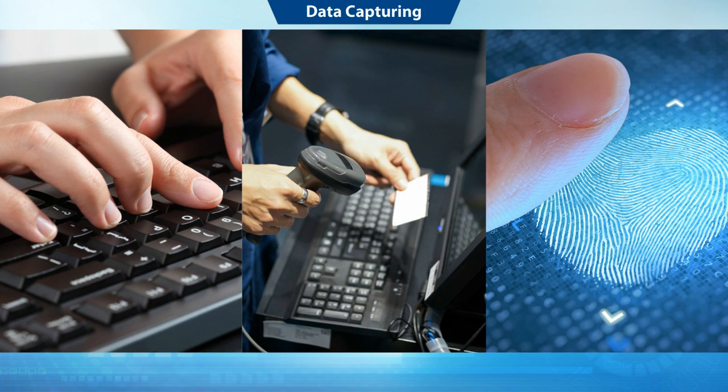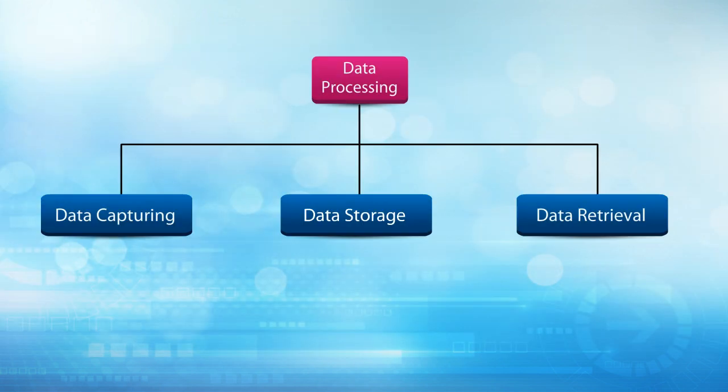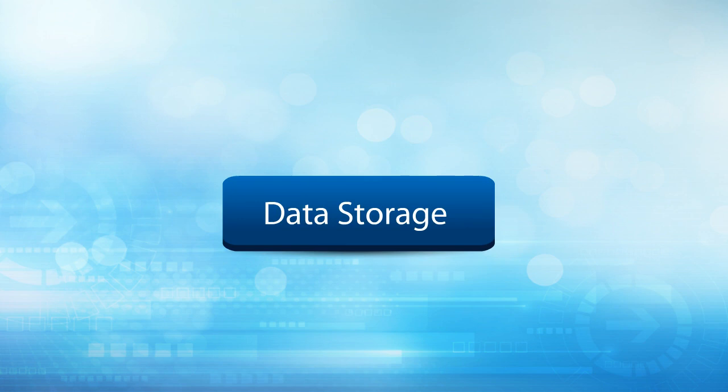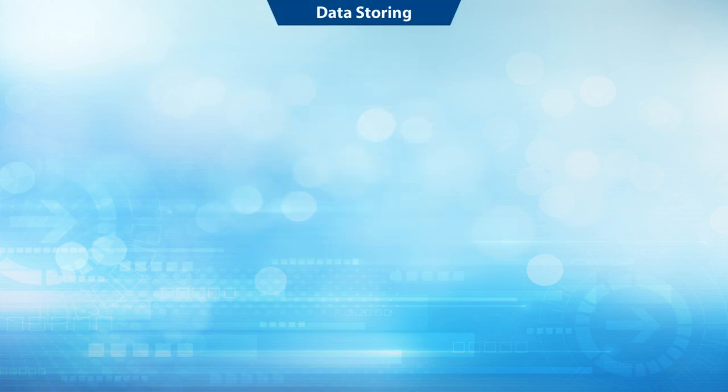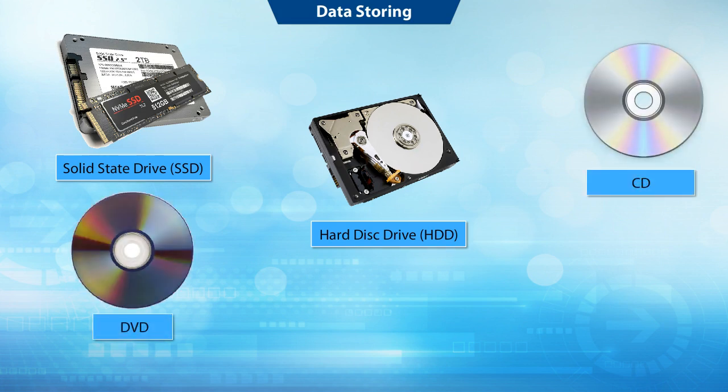Data can be input from a keyboard or captured from a barcode reader or sensor. Once the data is captured, it needs to be stored appropriately for future use. We use solid-state drive, hard disk drive, CD, DVD, pen drive, and so on to store data.